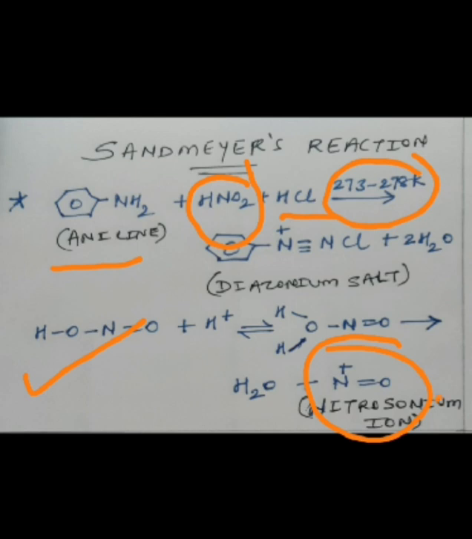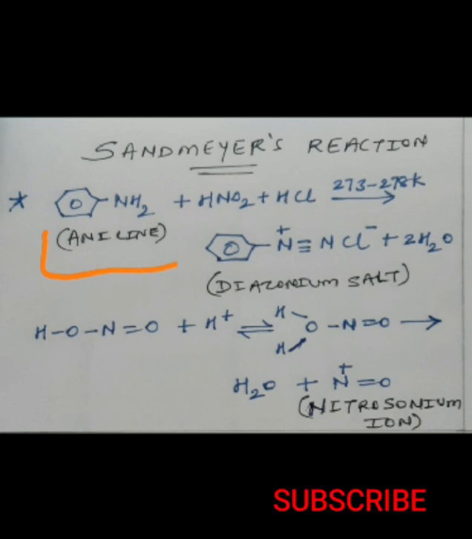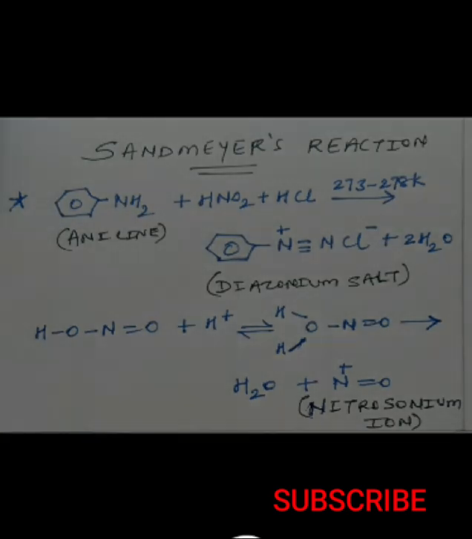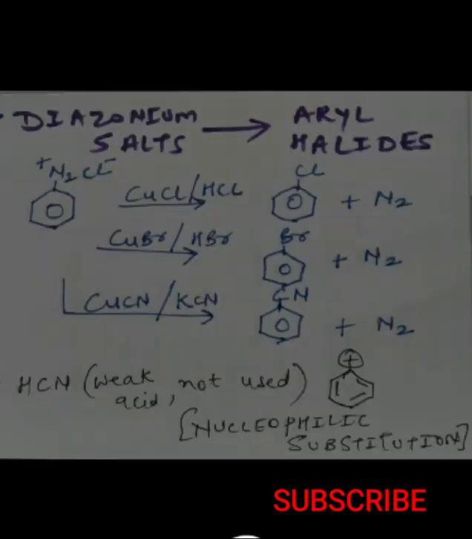So this is the main step, that is the production of nitrosonium ion, and because of this step there will be a possibility for the preparation of diazonium salt. So the first step which you are seeing is the diazotization reaction, whereby aromatic amine gets converted into the corresponding diazonium salt. Is it okay? Now we'll move towards the main Sandmeyer's reaction.